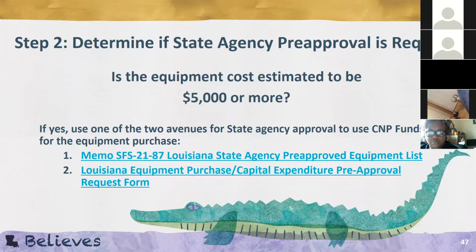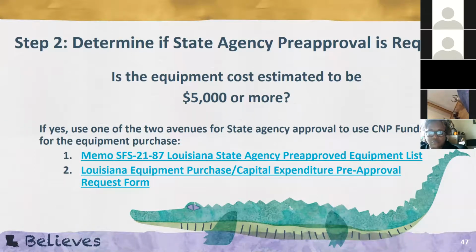Second, if the equipment is not listed on the pre-approved list, CMP operators should fill out the Louisiana Equipment Purchase Pre-Approval form that is linked on this slide and send it to the email address at childnutritionprograms.gov. Another way to access this form is on the CMP website under the form section.